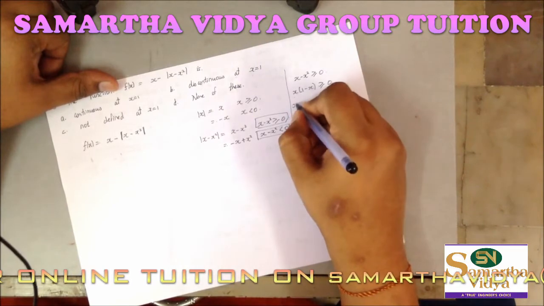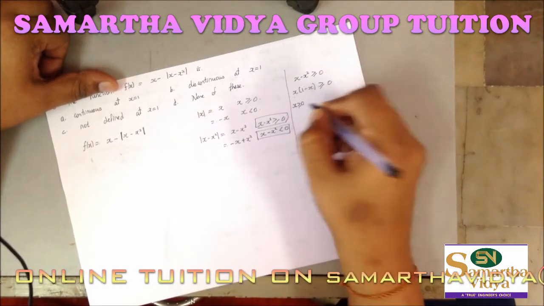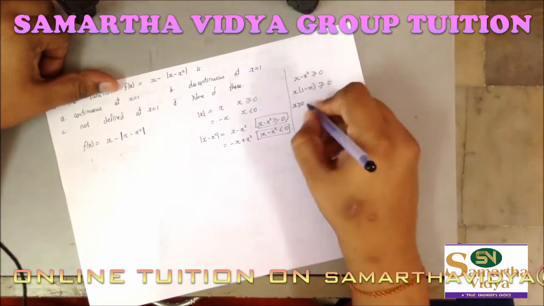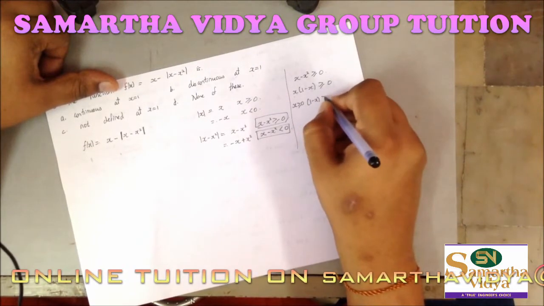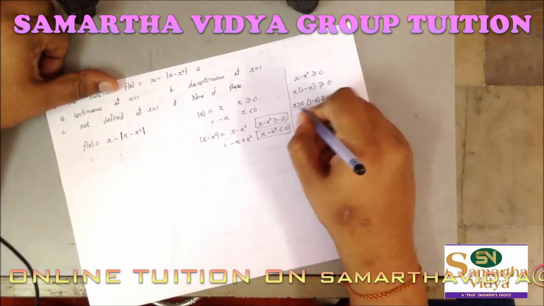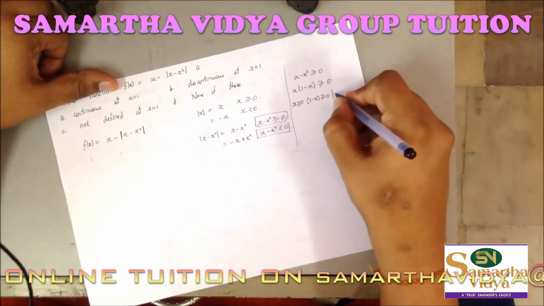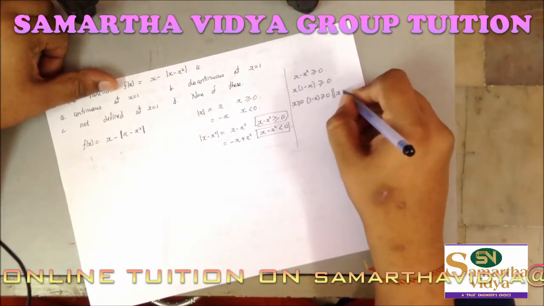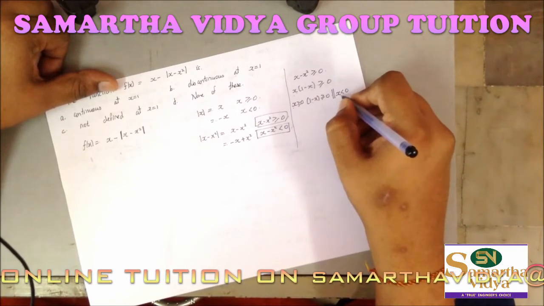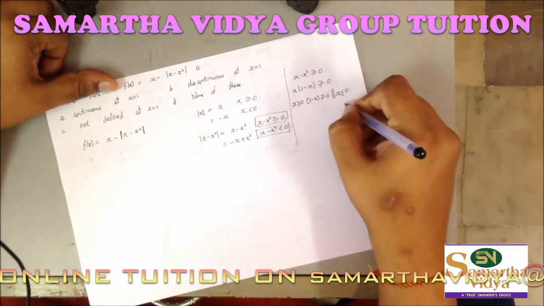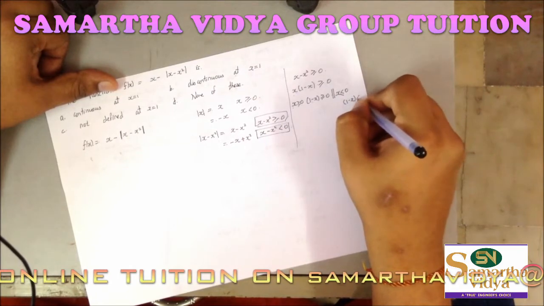So x is greater than or equal to 0, because we have an equal to sign, and 1 minus x is greater than or equal to 0. That means both the numbers are positive. That is one condition which we have. Or both the numbers can be negative, that means x is less than or equal to 0 and 1 minus x is less than or equal to 0.